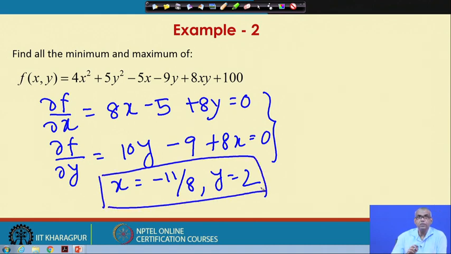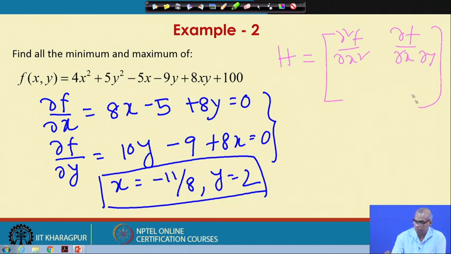So, you have a single stationary point at x equal to minus 11 by 8 and y equal to 2. Now we have to evaluate the Hessian matrix. The Hessian matrix will be again del square f del x square, del square f del x del y, same del square f del y del x, del square f del y square.